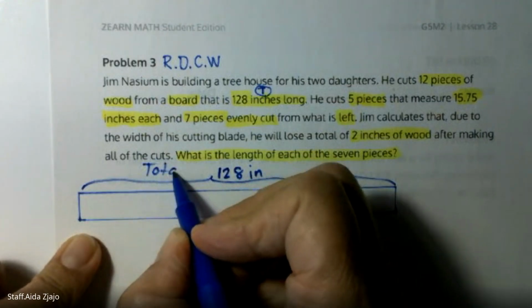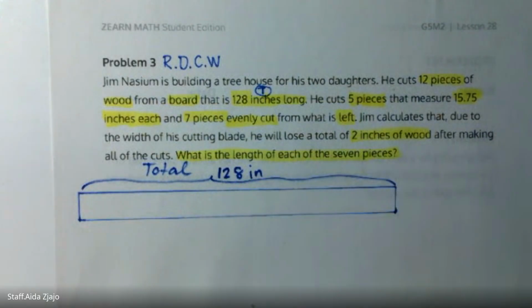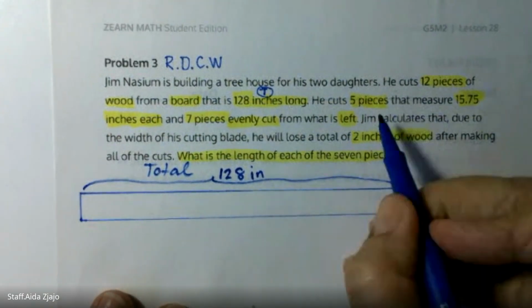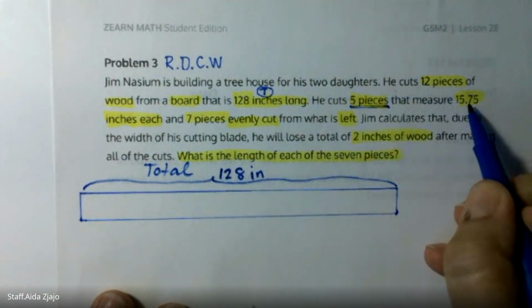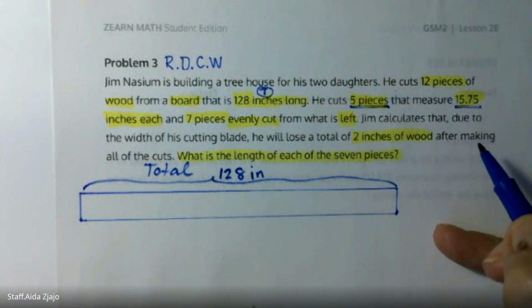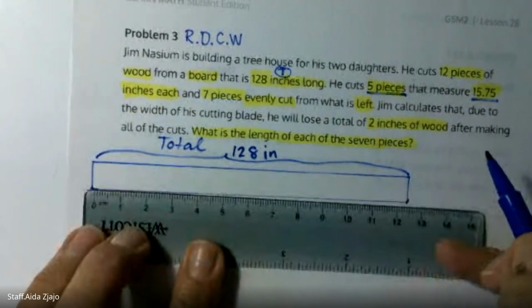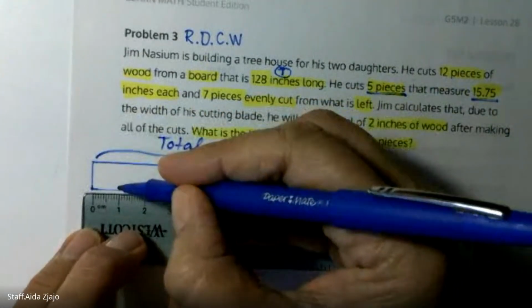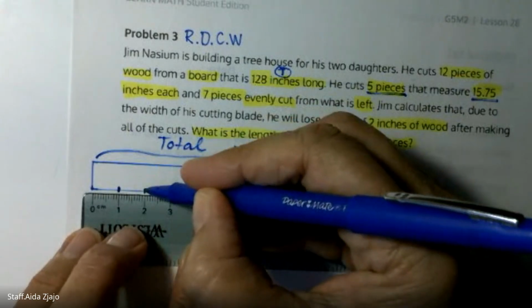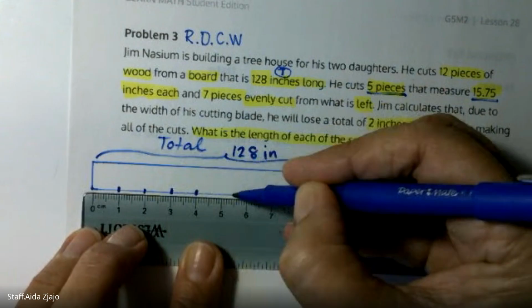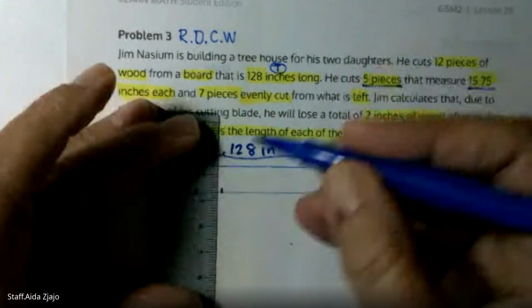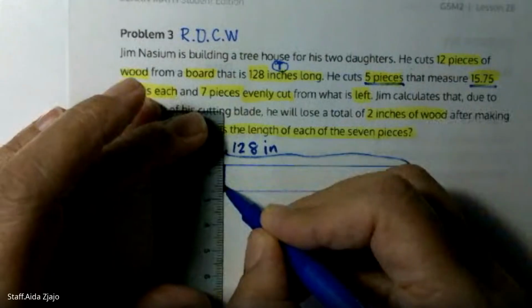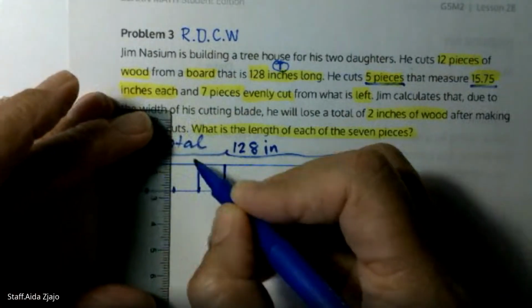After that, he cut 5 pieces that measure 15.75. So I'm going to draw 1 piece, 2 pieces, 3, 4, 5 pieces. So he will cut these 5 pieces.